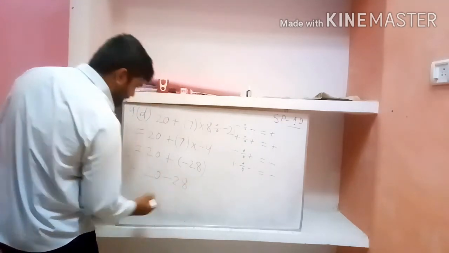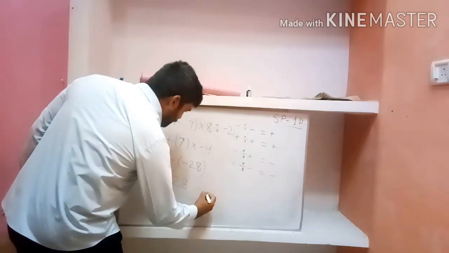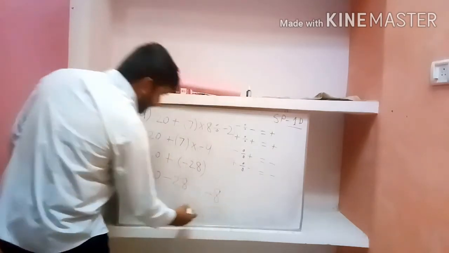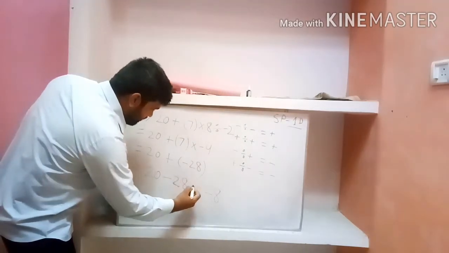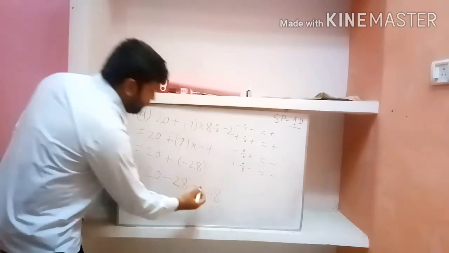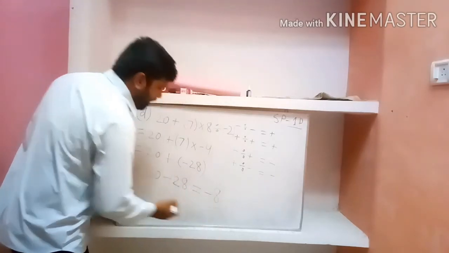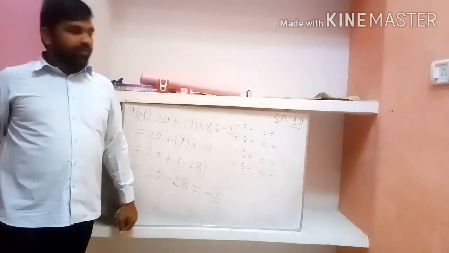Now 20 minus 28 gives you minus 8. Okay.